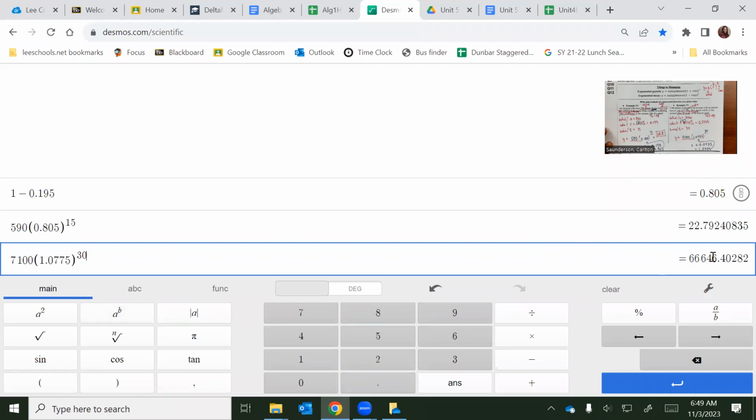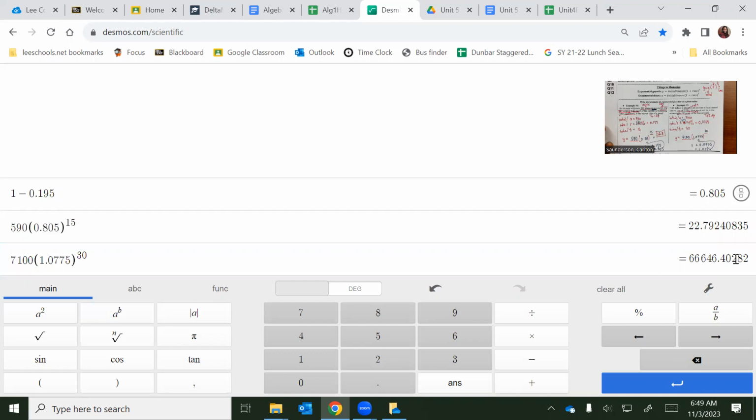So I got 66,646.402. However, it says round to the nearest cent. When you're rounding to the nearest cent, you need to look at the third number after the decimal point, which is this 2.